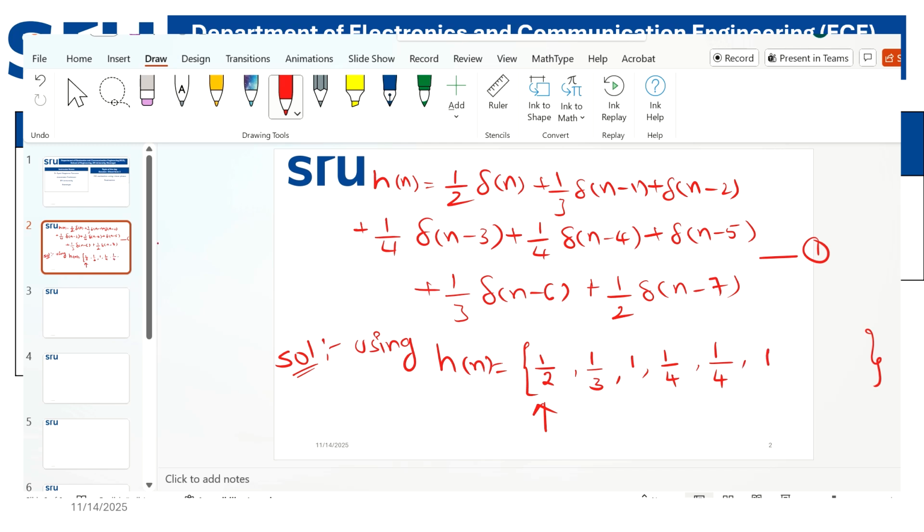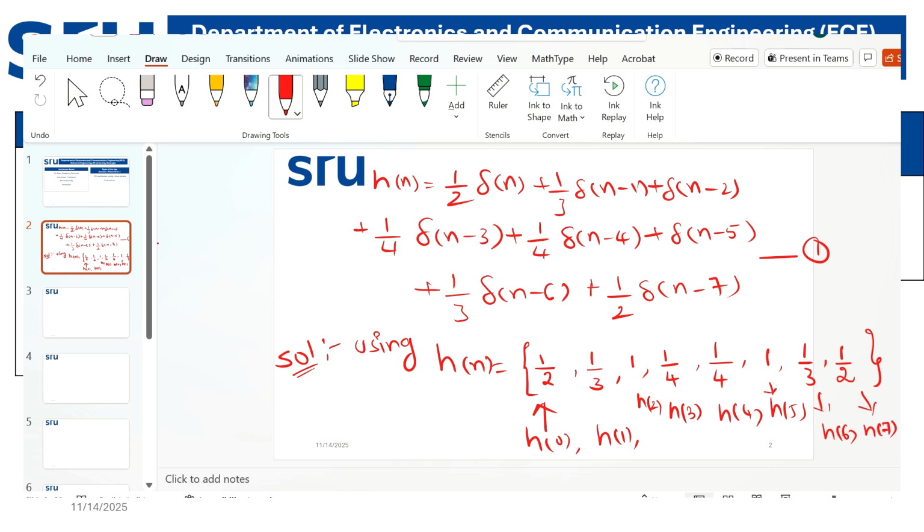At n is equal to 5, the amplitude is 1. At n is equal to 6, it is 1 by 3. At n is equal to 7, it is 1 by 2. So this is h of 0, h of 1, h of 2, h of 3, h of 4, h of 5, h of 6 and h of 7.